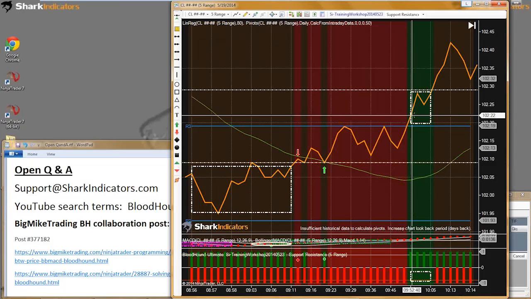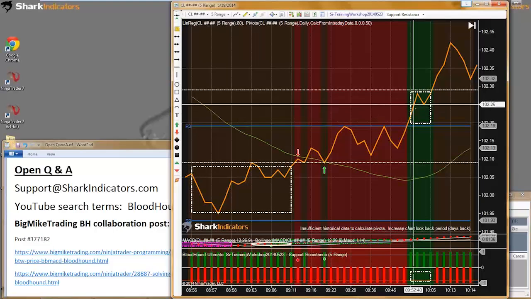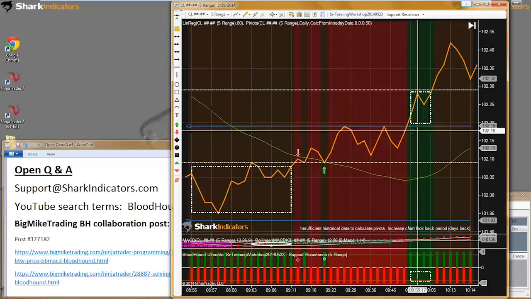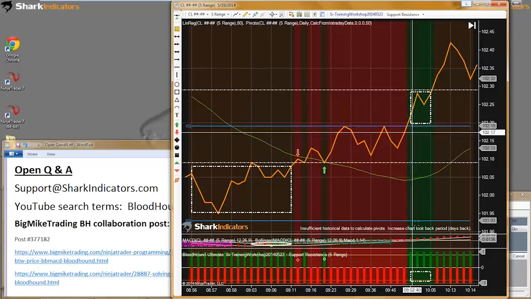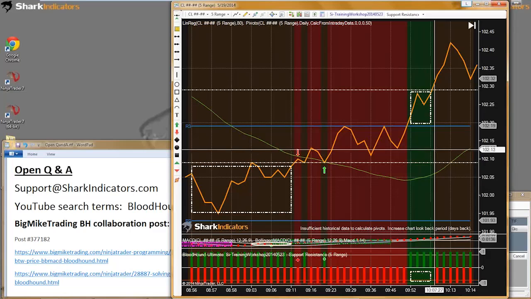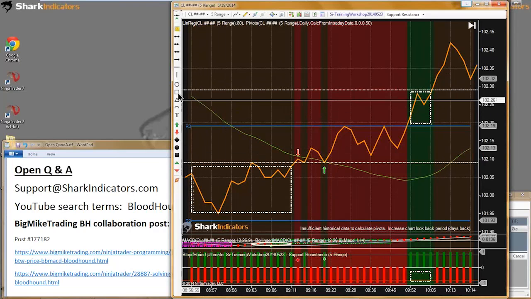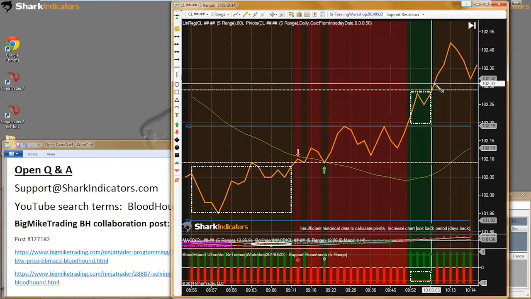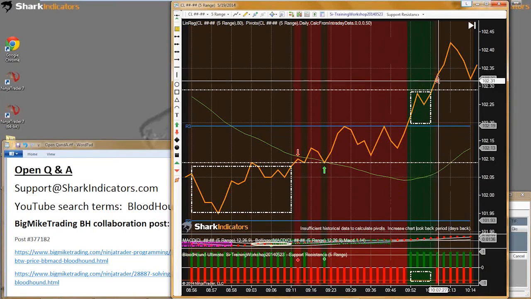The solver is telling us that price is too close to the R3 line to take a short trade into the R3 line, until finally price breaks out of this 10 tick range area.